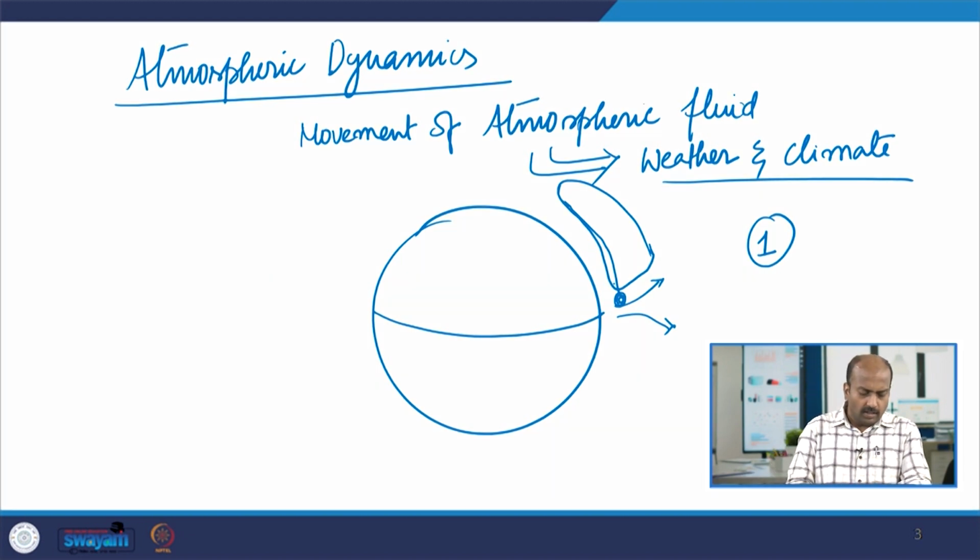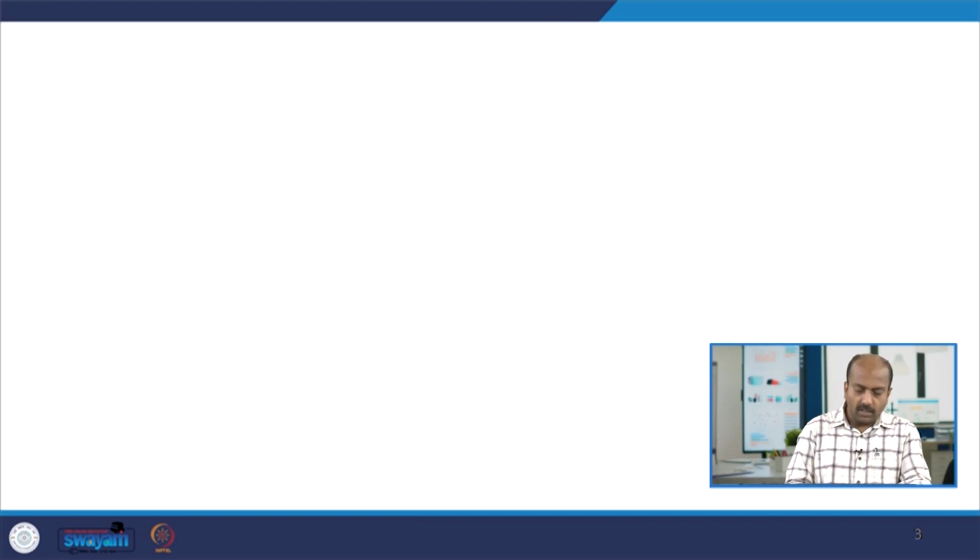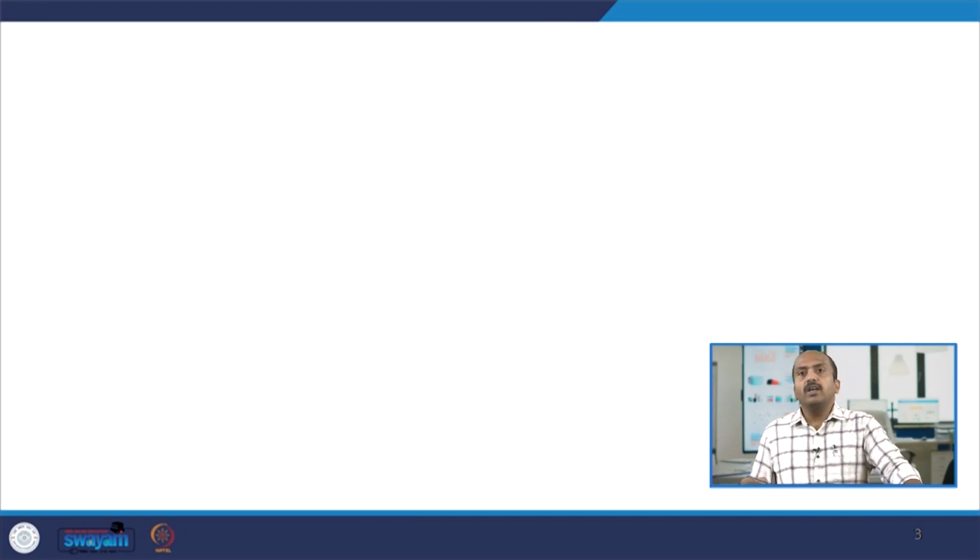Right. This is a simple one cell circulation pattern, but the point is we have to understand why the air moves from one point to another point and creates weather or climate. Right. So, in order to do that, we have to consider the entire atmosphere as a fluid element.